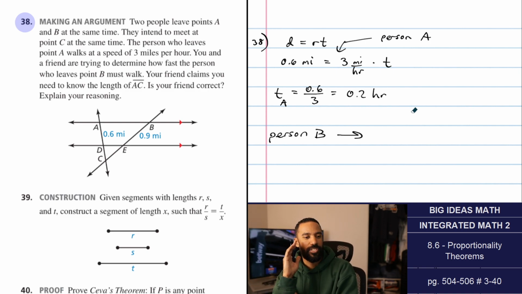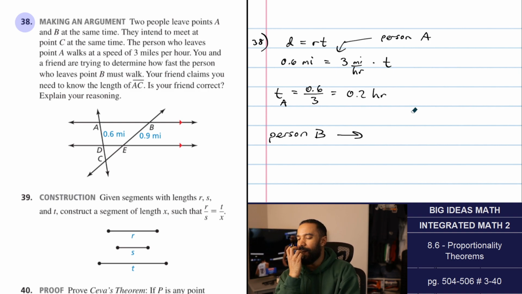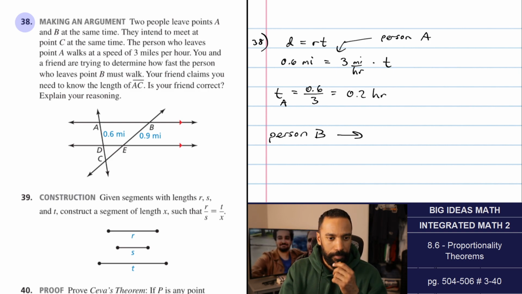Wait, 0.6 is not the whole way. Wait a minute. 0.6 is not the whole way. That's just 0.2 hours to get to that part. Let me think about that.